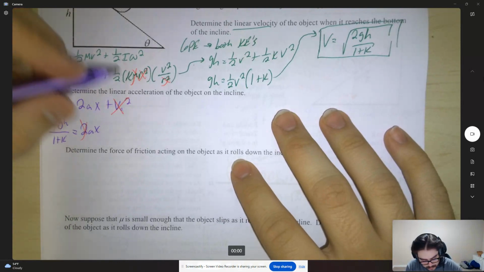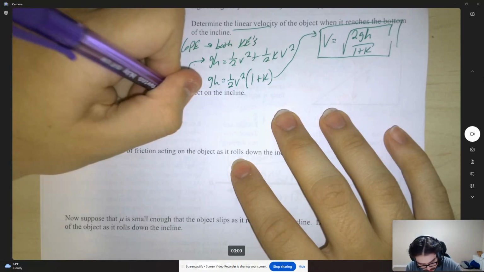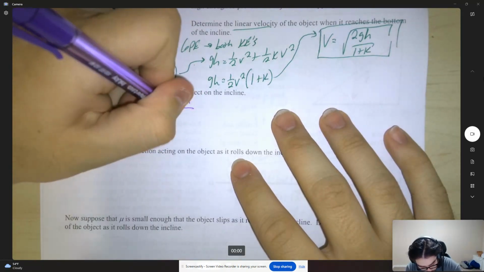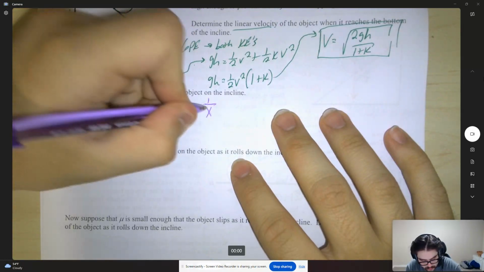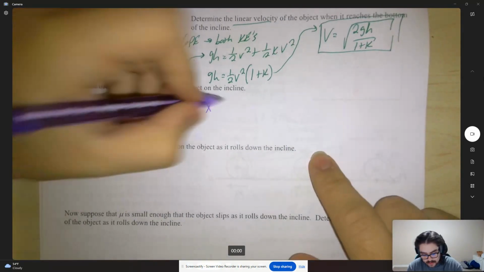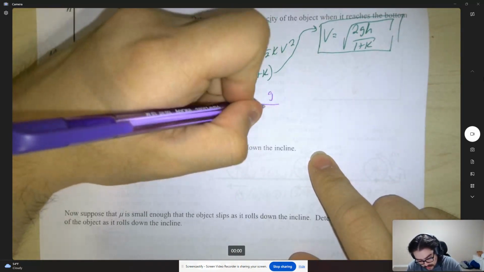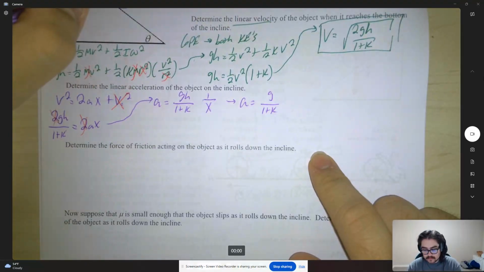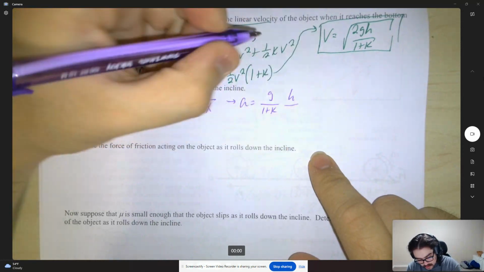So you get this expression, which is a equals gh over 1 plus k times 1 over x. Now, here's the thing, I'm writing it like this on purpose, because you can rewrite this as a equals g over 1 plus k, and then you can move the h over the x.